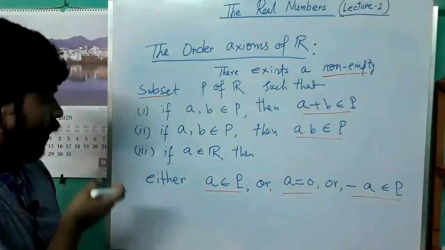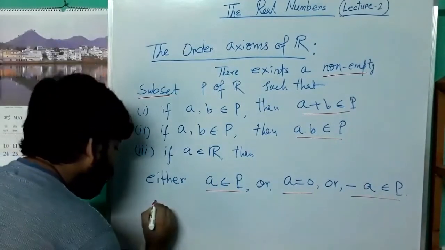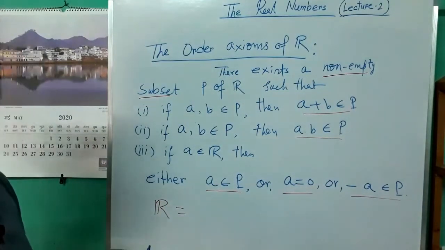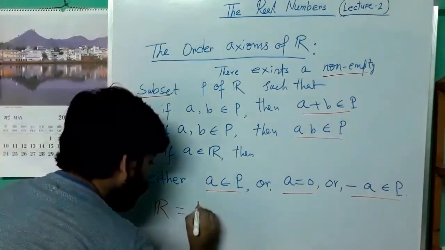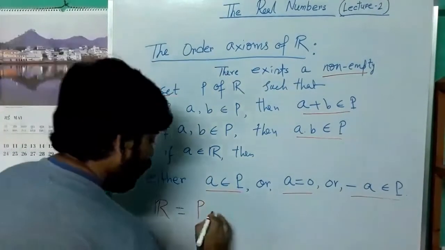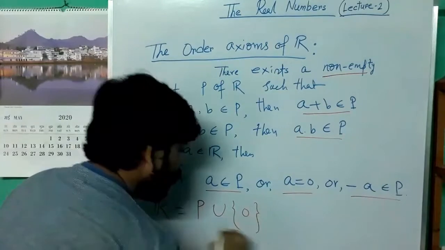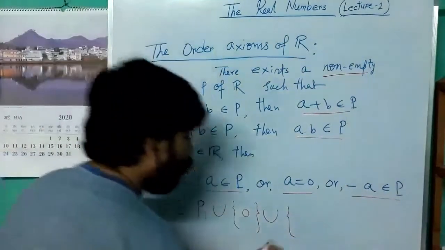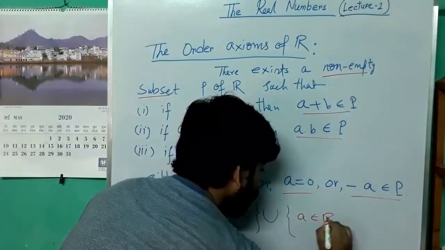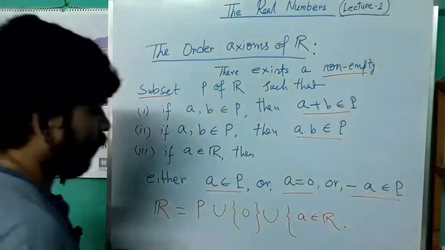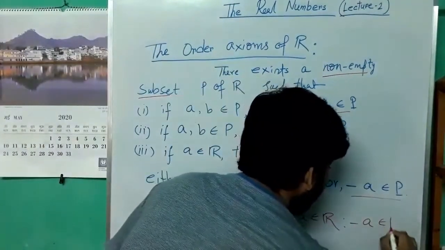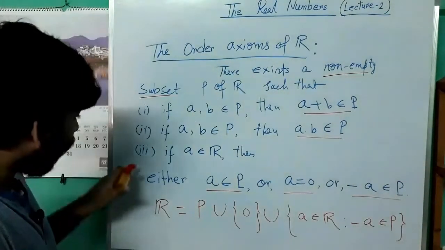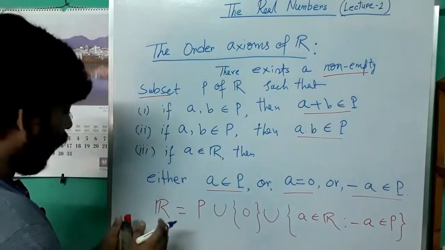So that third property tells us that we can divide R as a union of three disjoint subsets. That is, we can write R as P union {0} union the set of those real numbers A such that minus A belongs to P. So this third property helps us to divide R into three parts.